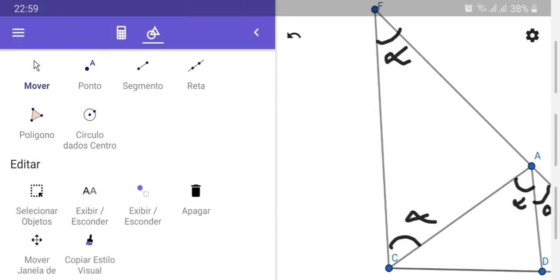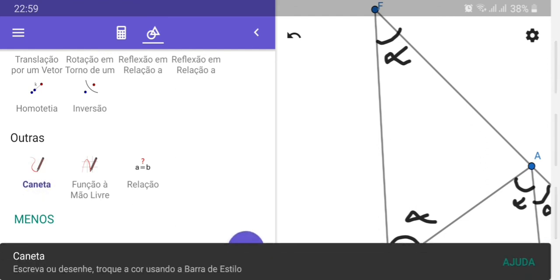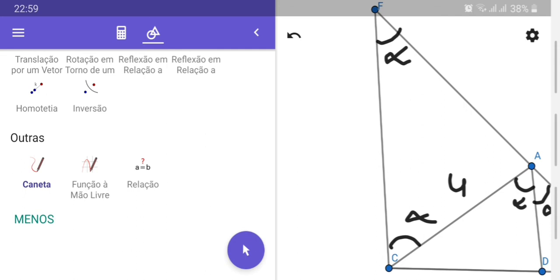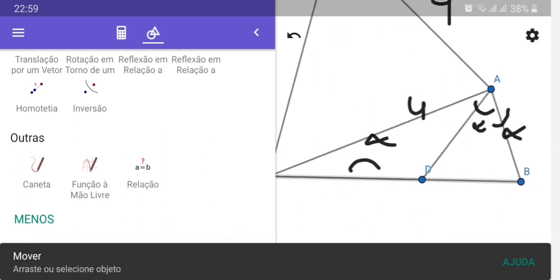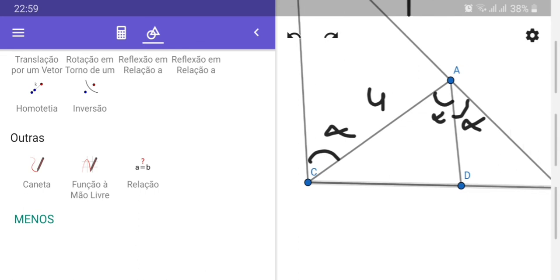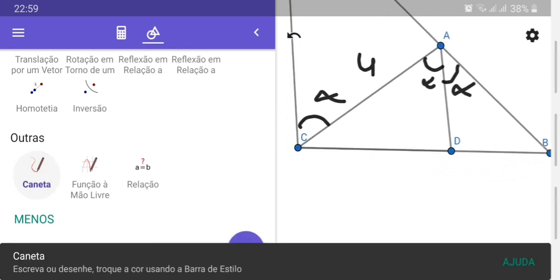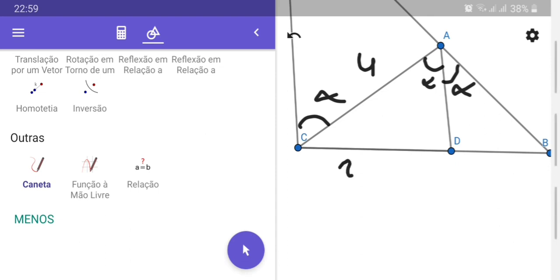Okay, so this was 4, and as it is an isosceles triangle, this is 4 too. This was the epsilon, the y part, so it was 25 divided by 7, if I remember correctly, and this was 50 divided by 7.